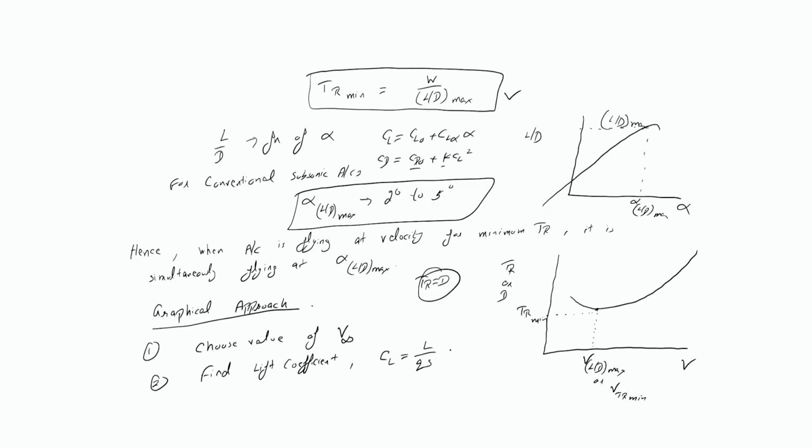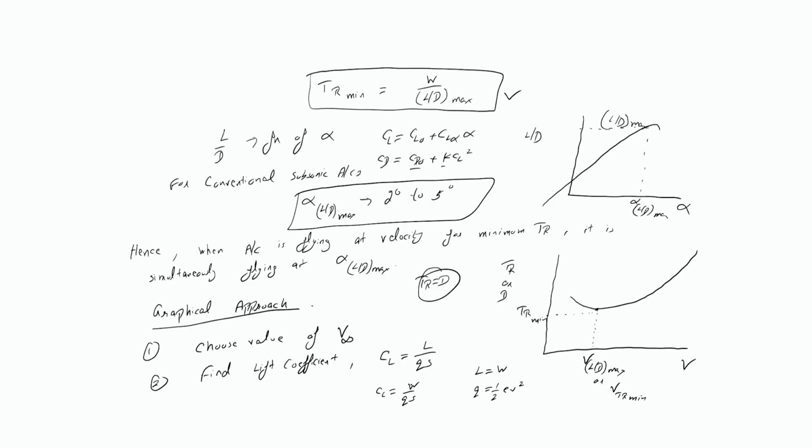For steady level flight, lift equals weight, so CL equals weight upon QS. Q was half rho V square. So CL equals 2W by rho S V square.